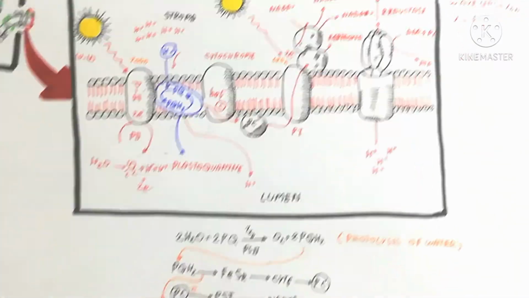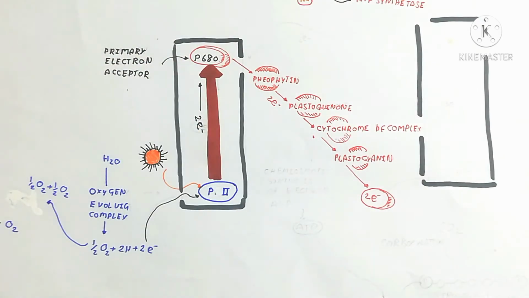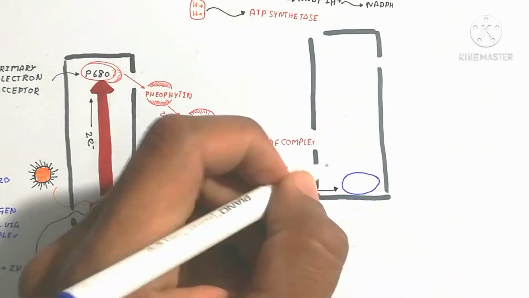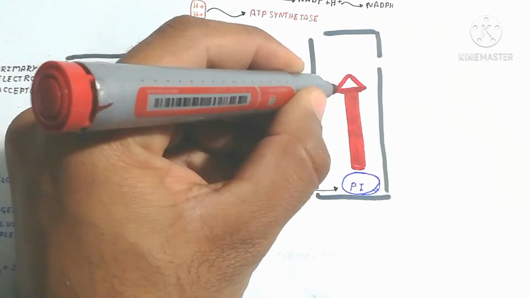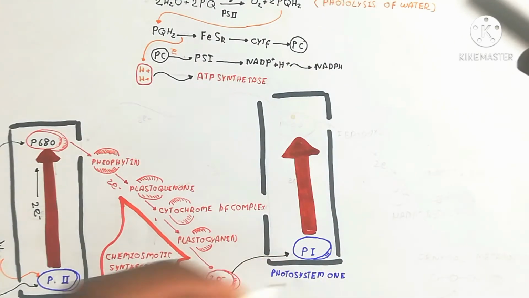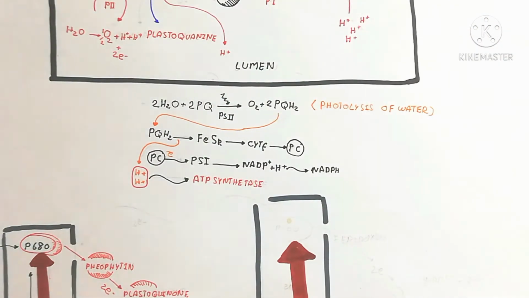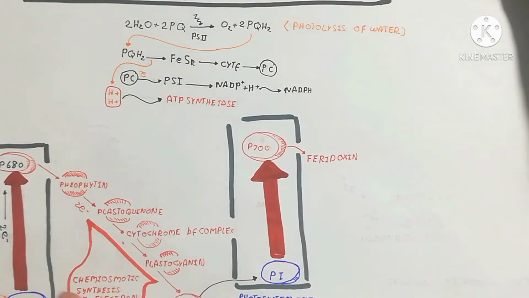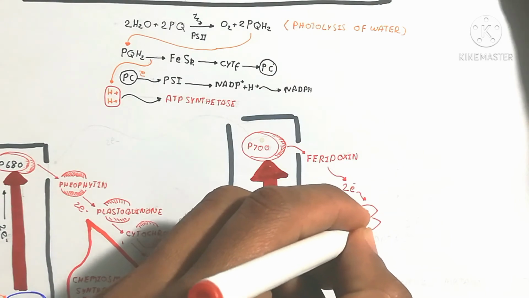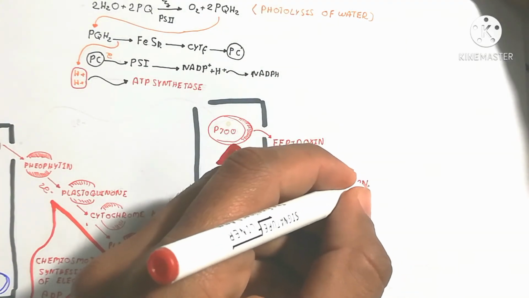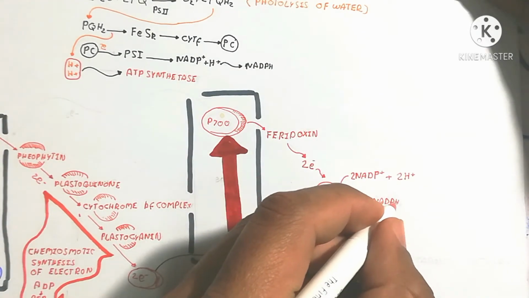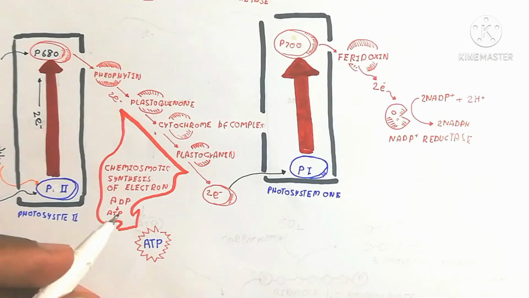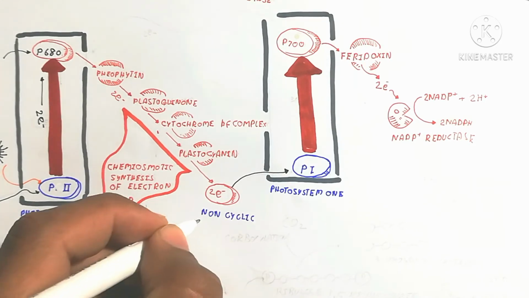So plastoquinone is here, and this is plastocyanine and the cytochrome b6f complex. Here, as the electron goes down, ATP is produced from ADP, and this electron again falls into photosystem 1, which obviously also requires light. Ferredoxin is used during the primary acceptor step for further proceeding of this process by the enzyme NADP plus reductase, using 2 electrons and 2 protons to produce NADPH.